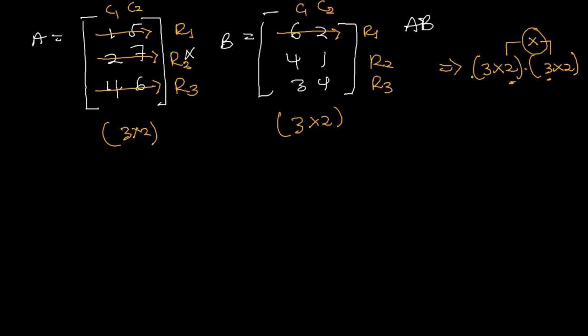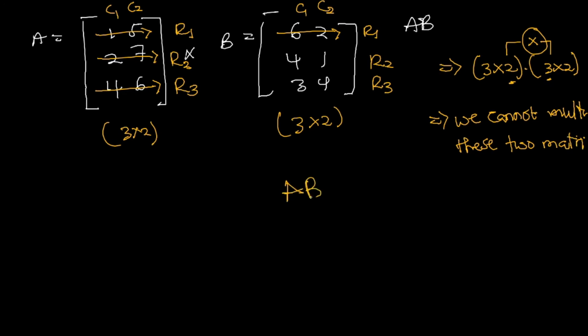The fact that they are not equal means we cannot multiply these two matrices. So matrix AB does not exist.